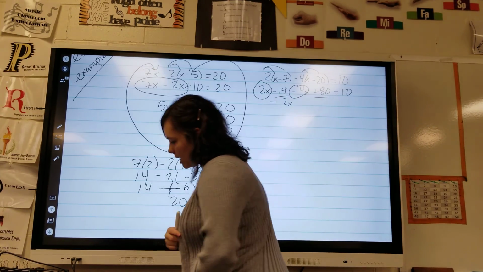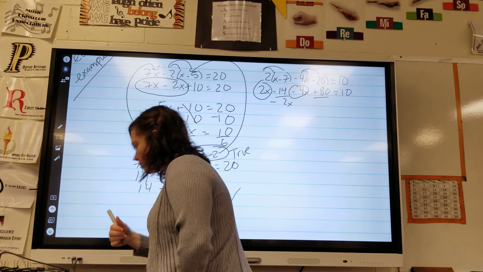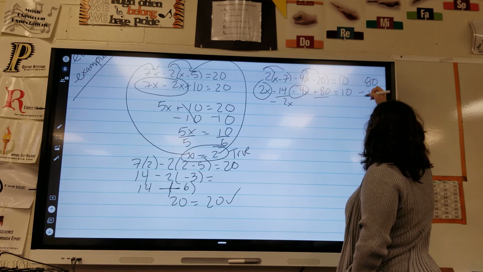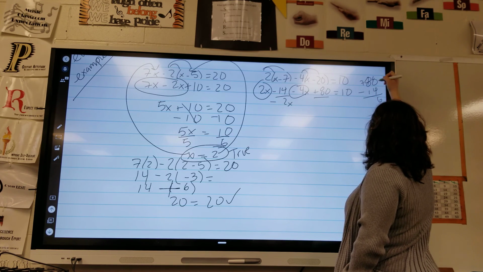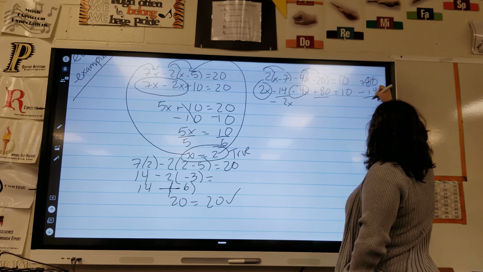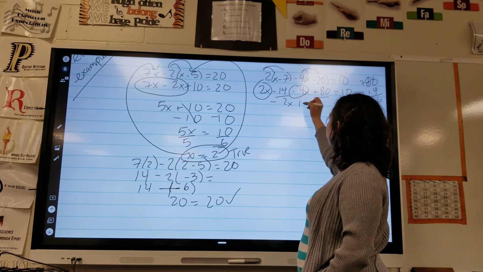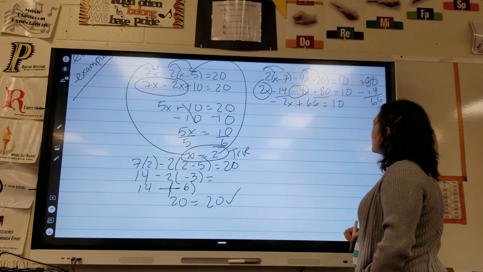Negative 14 plus 80 would be, well, 80 minus 14 is 66. So we're going to have a positive 66 here. Okay, that's still set equal to 10.